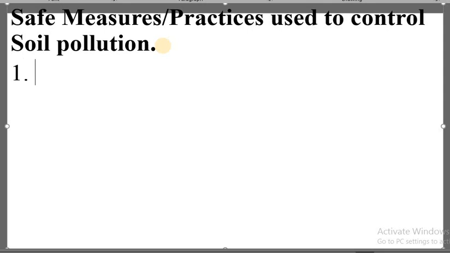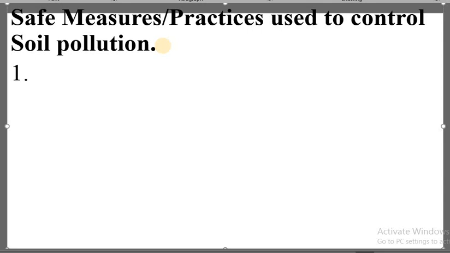And right away, without wasting time, the following are the measures farmers should take when they want to control soil pollution, and they are directly from the causes. Like the first cause was excessive use of artificial fertilizer. If the cause is excessive use of artificial fertilizer, then how do we control that?